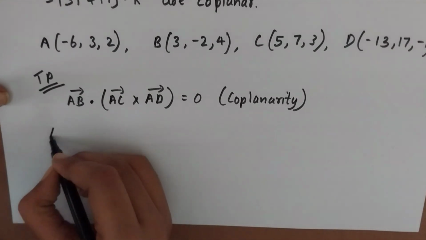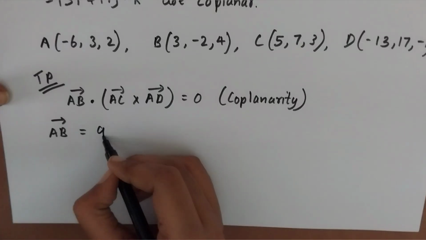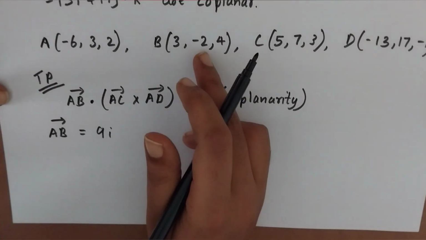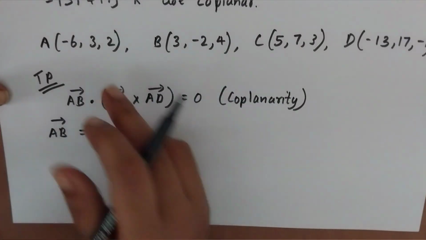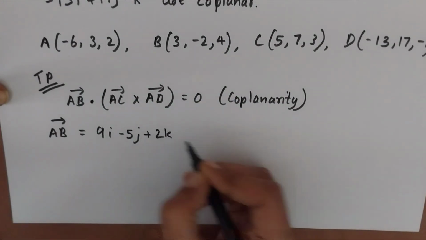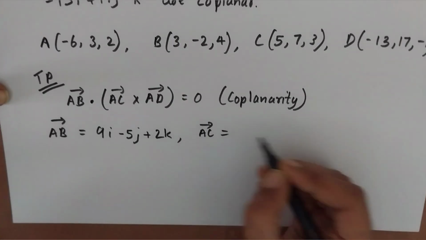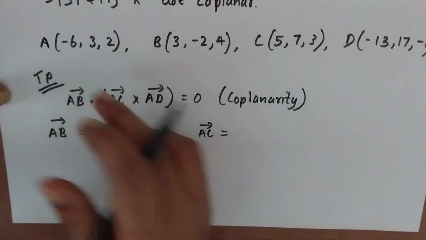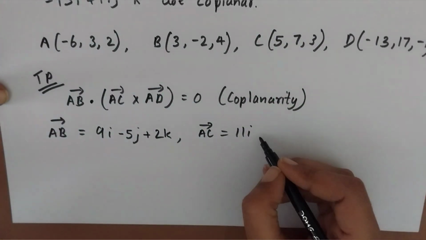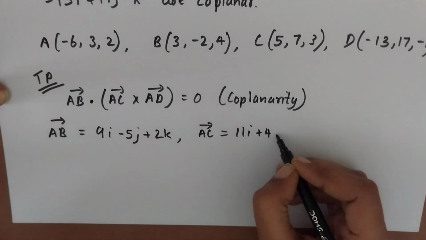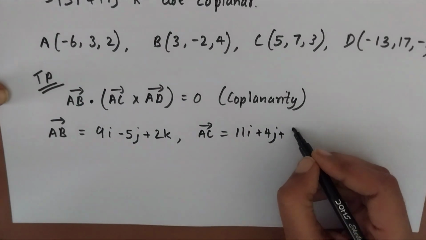Now vector AB is 3 minus 6, 9i, minus 2 minus 3 is minus 5j, 4 minus 2 is 2k. This is vector AB. Now vector AC is 5 minus 6 is 11i, 7 minus 3 is 4j, 3 minus 2 is 1k.